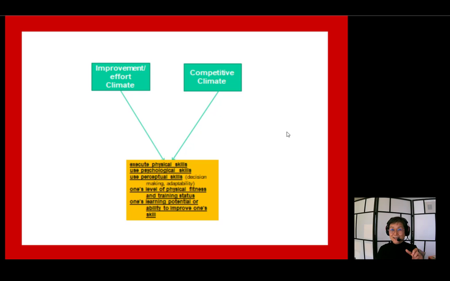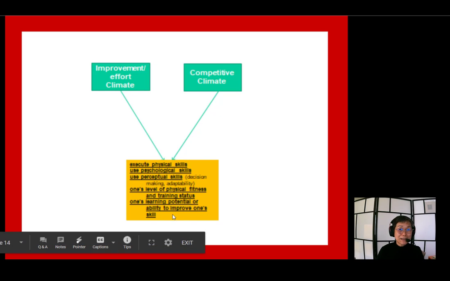What this climate actually does is not really predict the outcome itself, but it influences the psychological process of me. If my teacher or my coach really encourages me to do well and improve every single time I try, that kind of climate is not really producing my outcome, but it really helps me what?